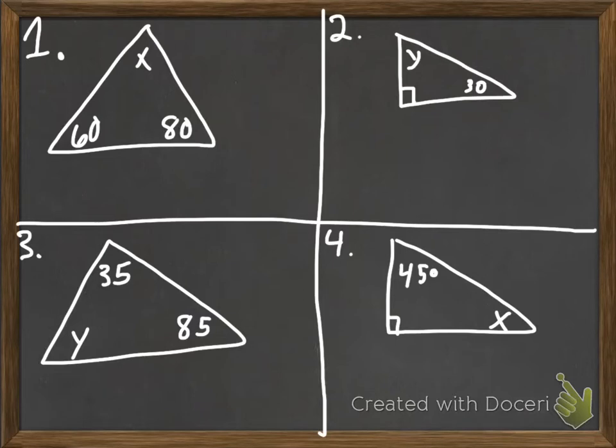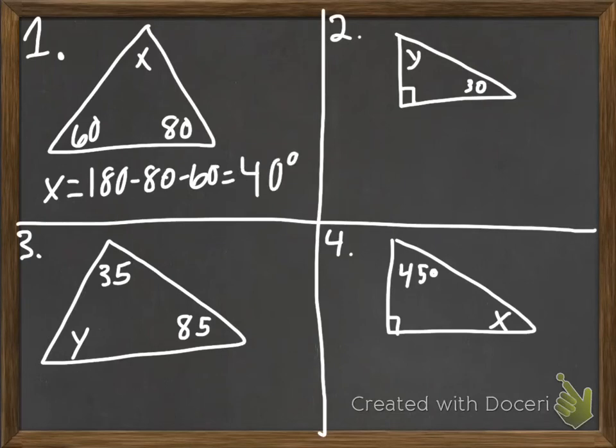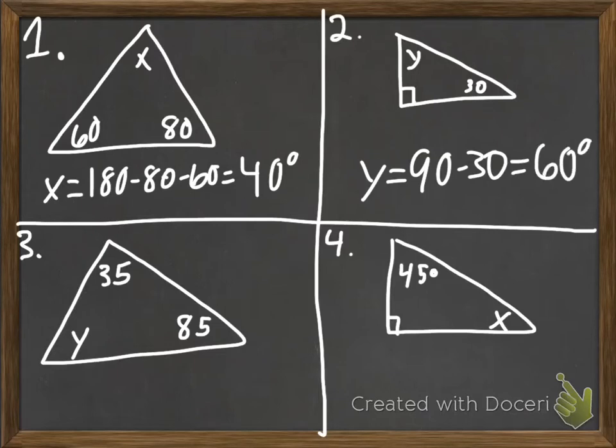Alright, so first we're trying to find x. We know that x is going to equal 180 minus 80 minus 60. So it looks like x equals 40 degrees. We know that y is going to equal 90 minus 30. So y equals 60 degrees.